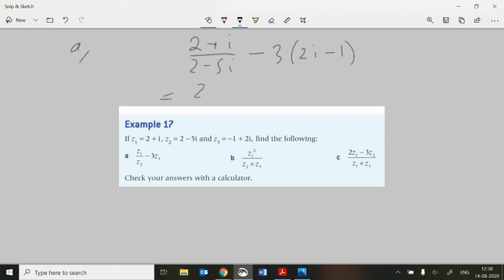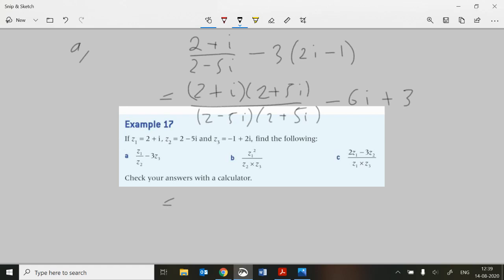Now, the left-hand side is going to give us 2 plus i times by the conjugate of what's on the bottom there, and then (2 minus 5i) times by that conjugate. I would still write that all out, and then minus 6i, and then plus 3.